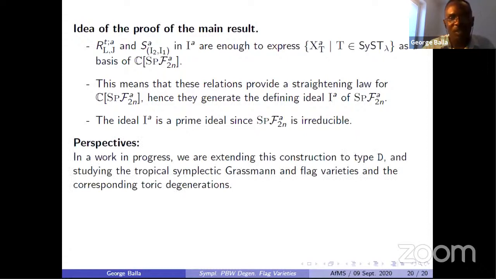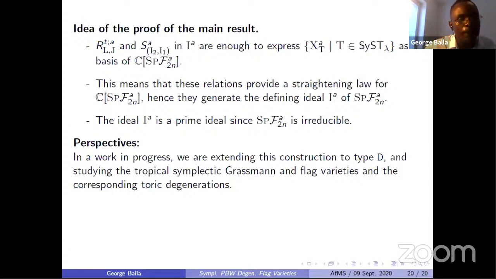Now, coming to the end, in a work in progress, we are extending this construction to type D, to flag varieties of type D, the even orthogonal flag varieties. We are trying to define tableaux in the same way, and also to study coordinate rings and the relations which define them.